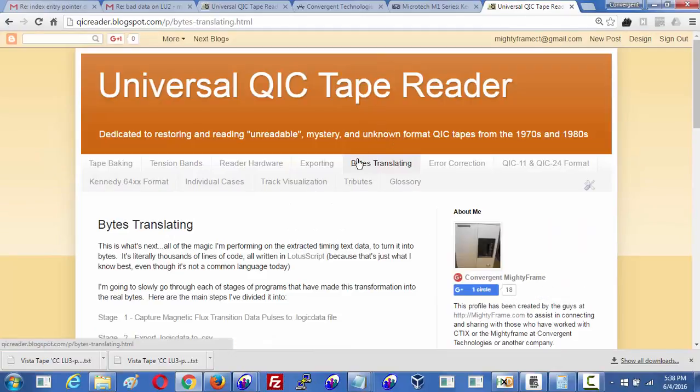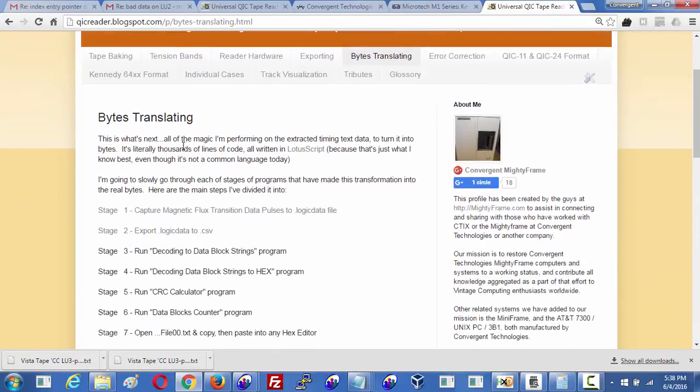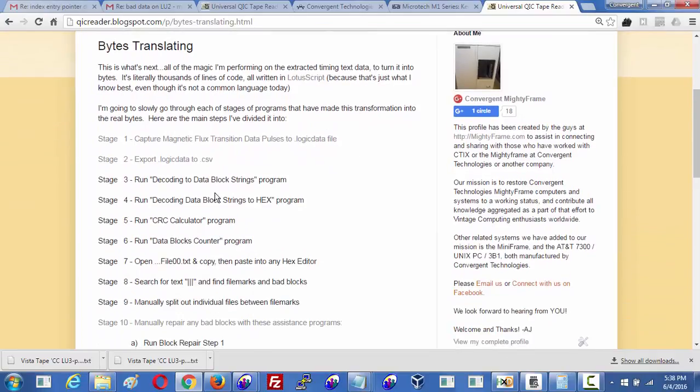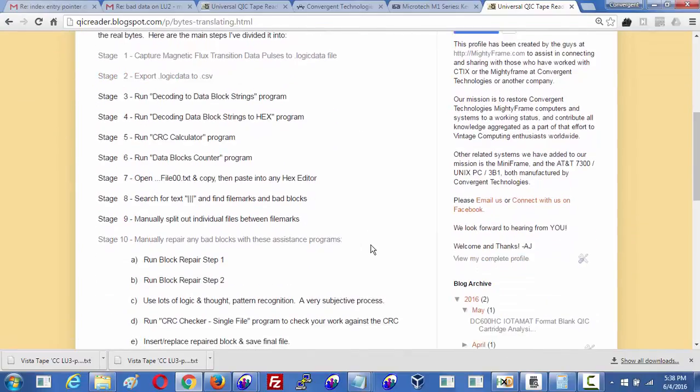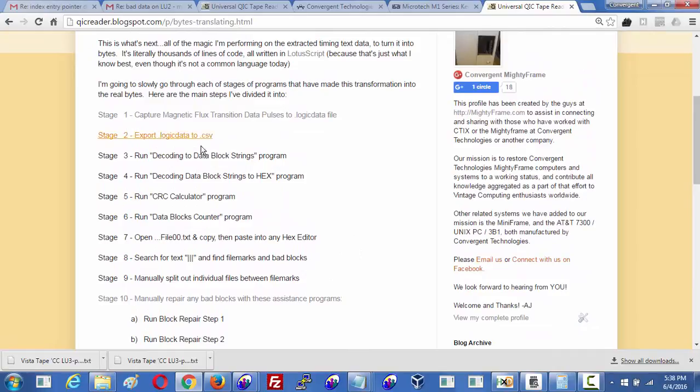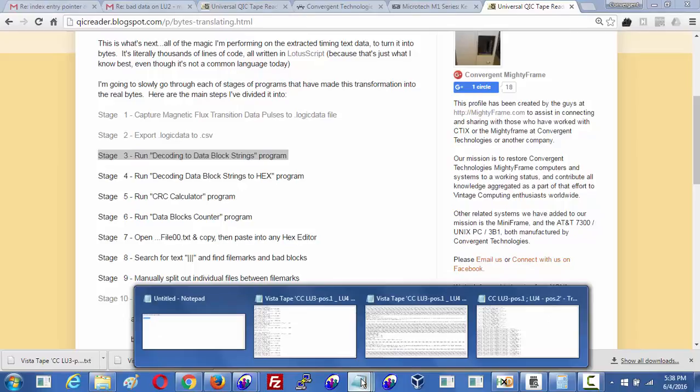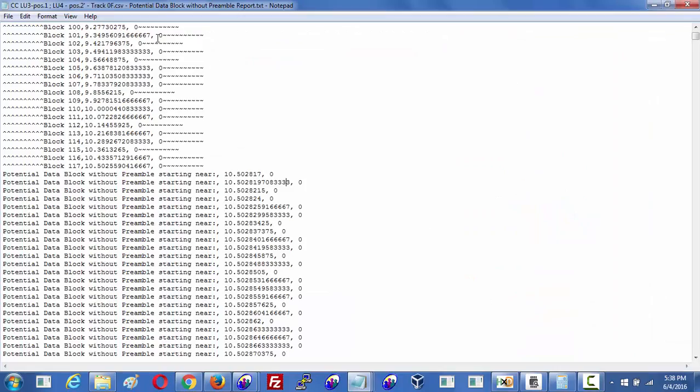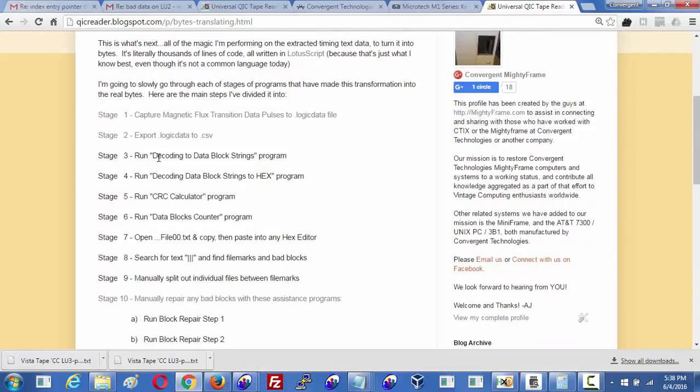You click on bytes translation here at the top of QICreader.com, and you will see that I have an overview of all the stages. And I'm just going to point out right now that it is stage 3. The program that I just showed you, which creates the potential data block without preamble report, is part of stage 3, the decoding data blocks to strings program. And that's where I just showed you that particular code. Okay, so let's move on to seeing exactly what this block says.